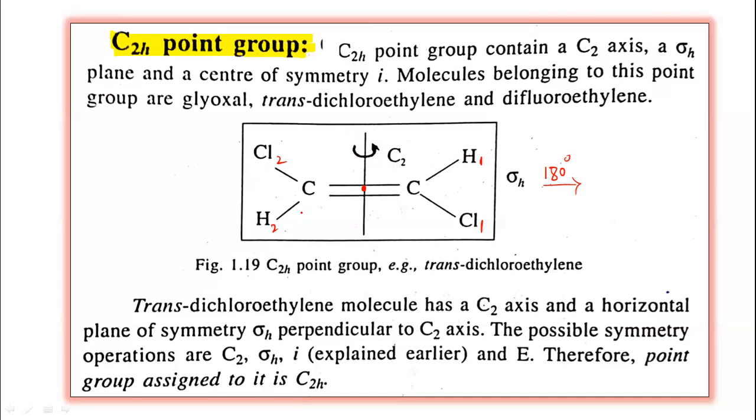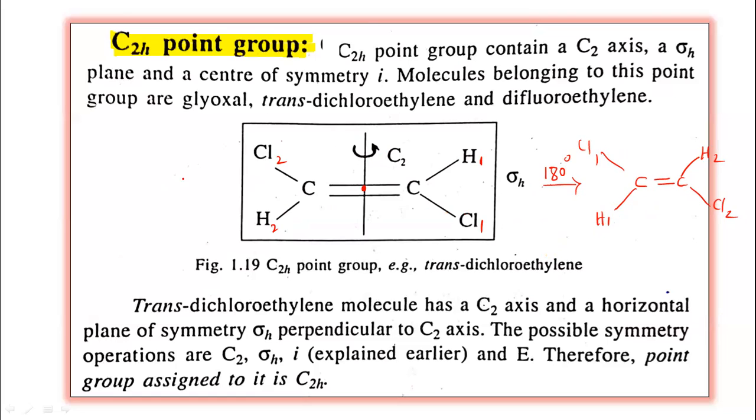So this hydrogen comes here. Hydrogen 1 will be here and hydrogen 2 will be here, then chlorine 1 will be here and chlorine 2 will be here. So it means we are getting the equivalent configuration.